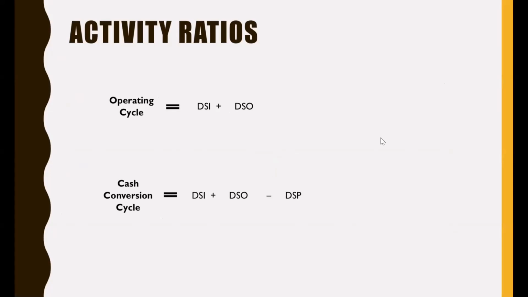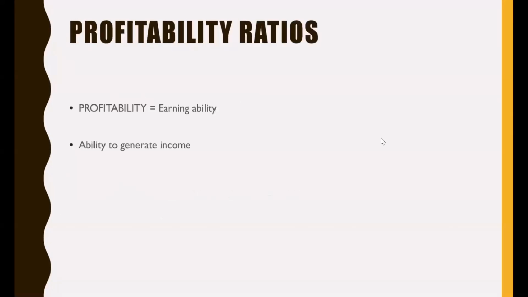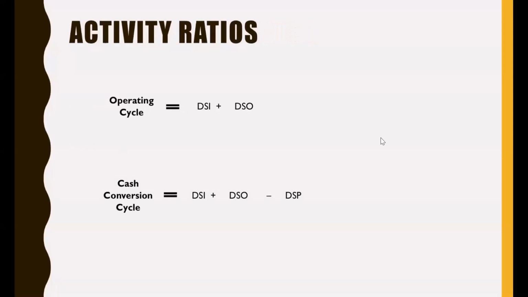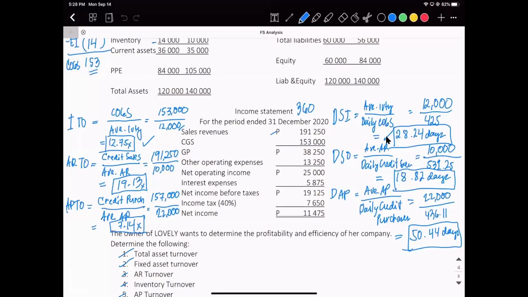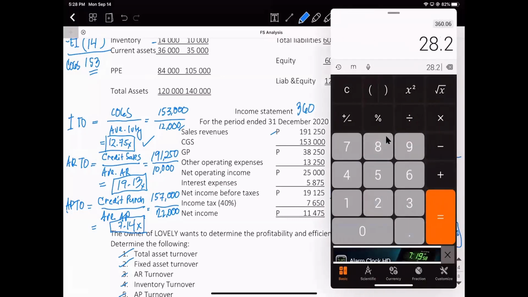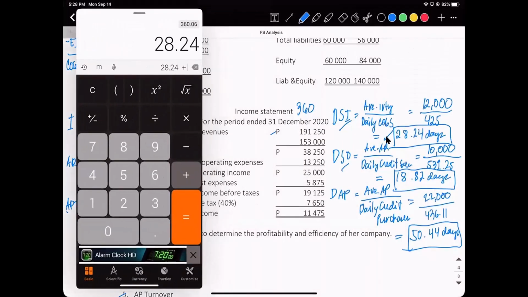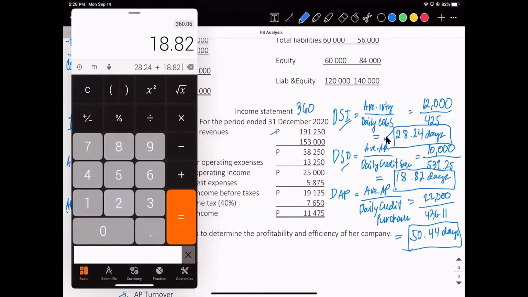Pero for cash conversion, sige, solve muna natin yung kanina. Going back, ang ating operating cycle is the sum of DSI and DSO. So, 28.24 plus 18.82. So, ang total is 47.06.